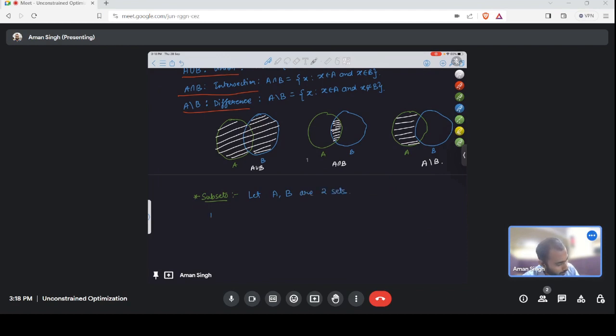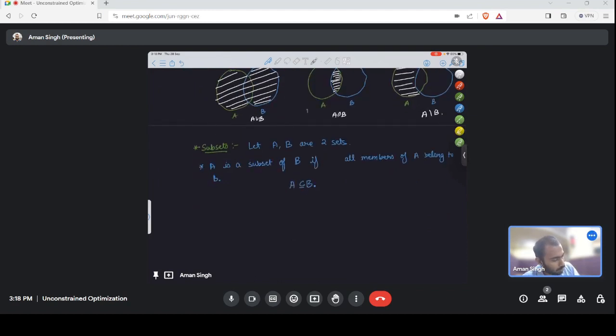A is a subset of B if all members of A belong to B. It is represented by the symbol A subset equal to B. Now this you already know, so I'll not go deep into it. It's fairly obvious. Now A is a strict subset.